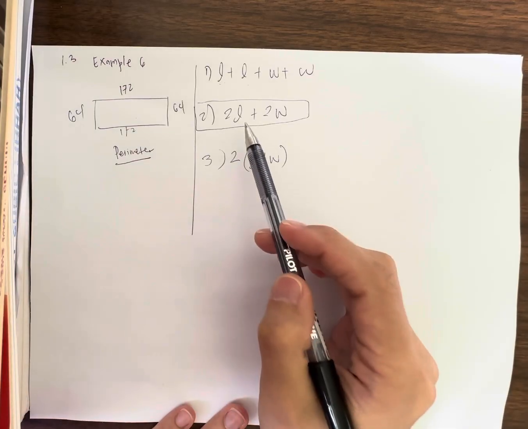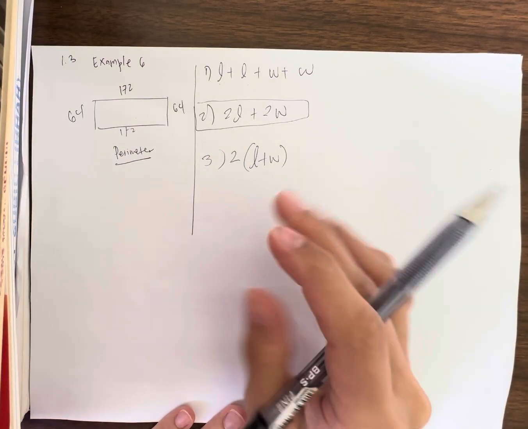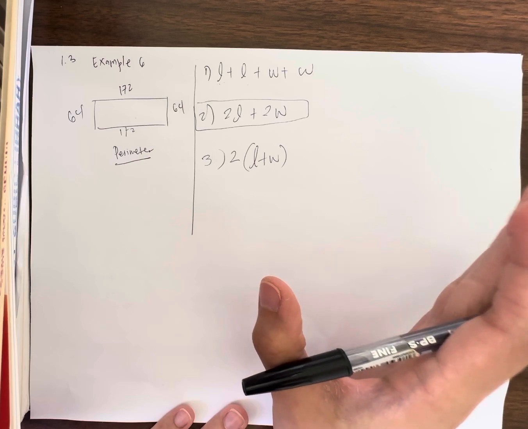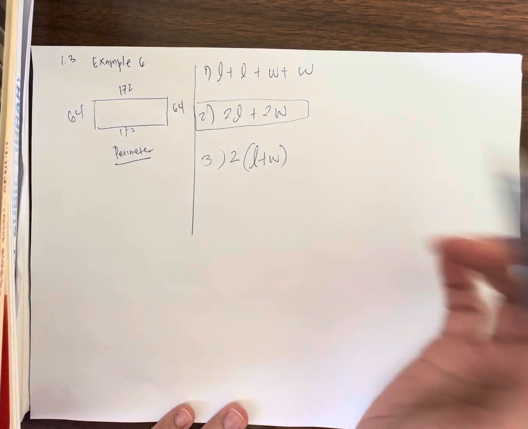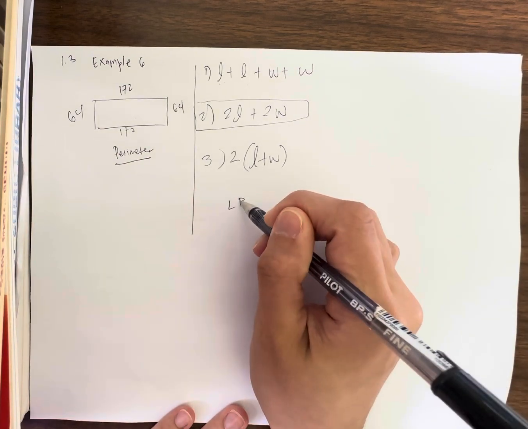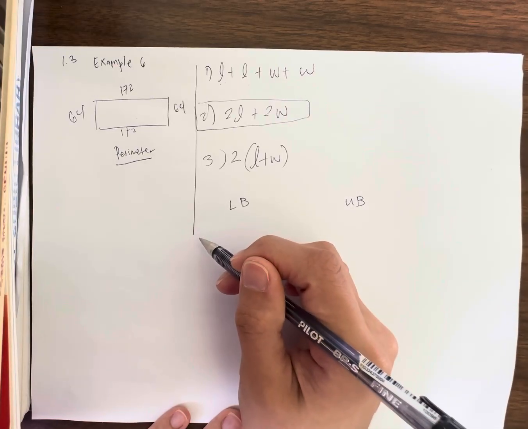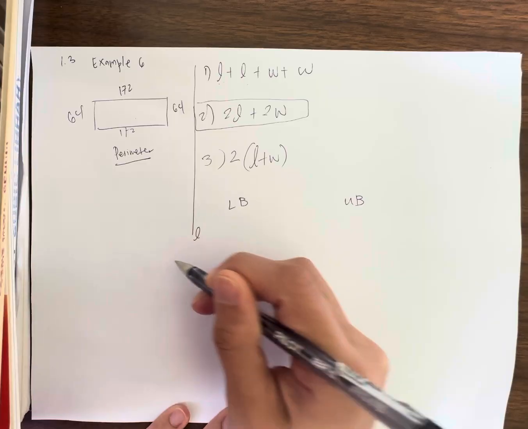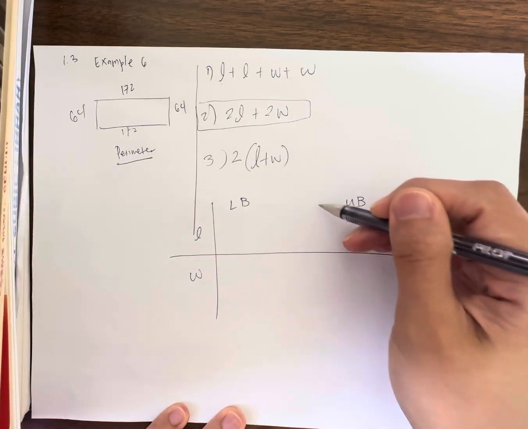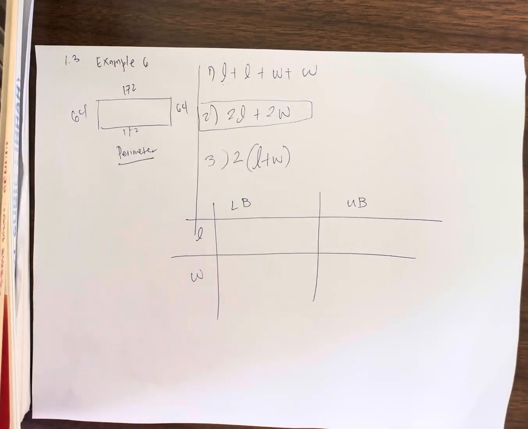But anyway, I am going to separate my question into 2 parts because the question is asking me to find the lower and upper bound. For the lower bound, I'll make a table here, and then I have the length and the width. This is one way you could organize your work.